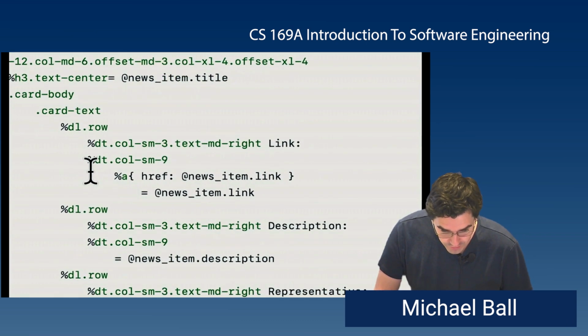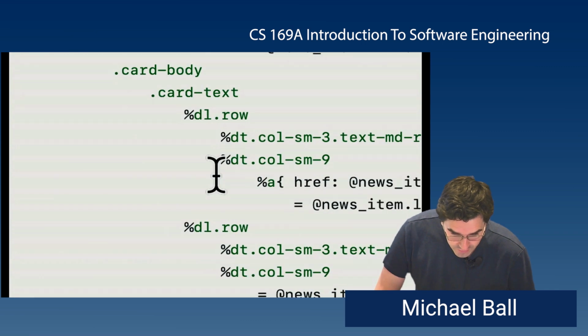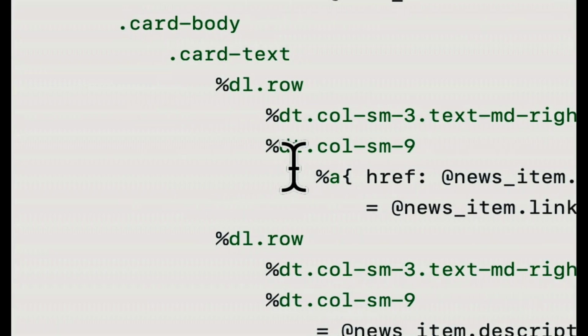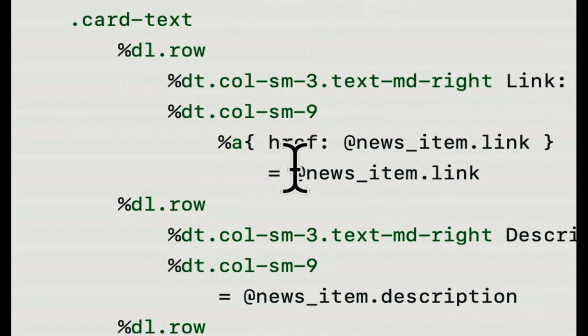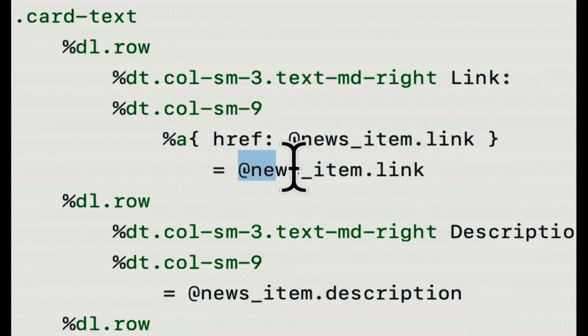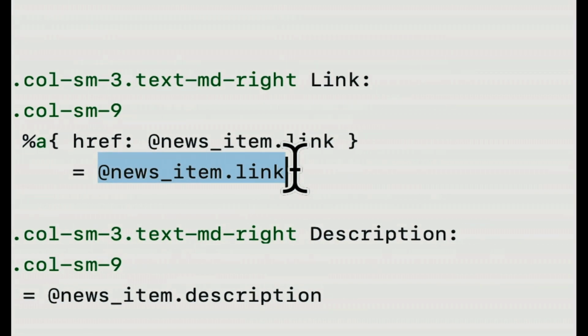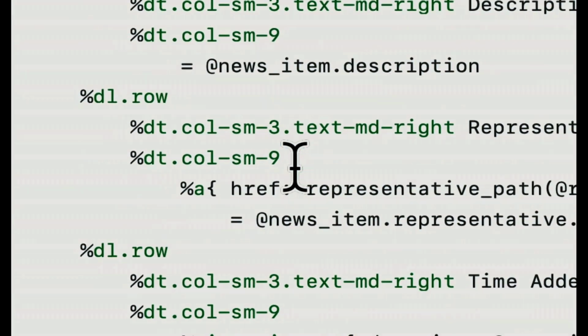So if we zoom in here, some dots are classes that mean divs. Percentages are elements. There are links in there to describe HAML and how it works. And then equal signs are Ruby code like they would be in ERB. But essentially, HAML is just shorthand markup.